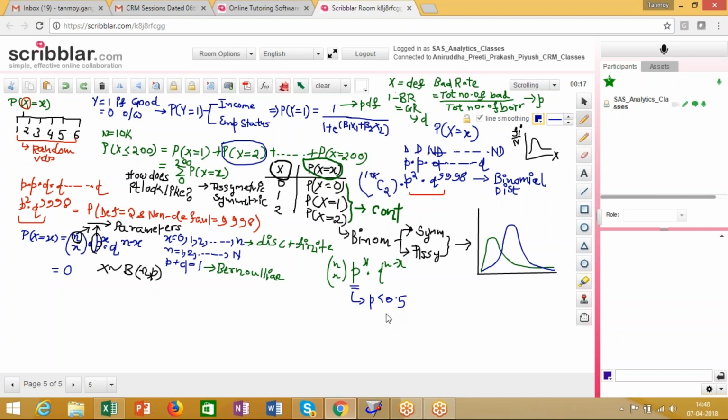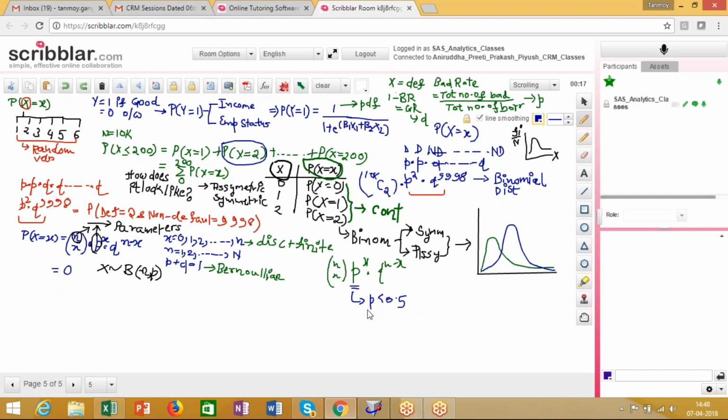Why? Because the probability of one single trial is very low. Therefore, if p is less than 0.5, the successes tend to concentrate towards the lower end.